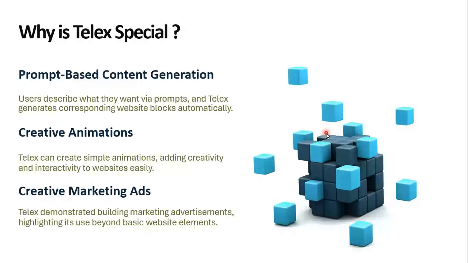These animations help bring creativity and interactivity to your pages without needing any coding skills or design skills. Also, you can create creative marketing advertisements. Telex AI can help create marketing advertisements as well. By using prompts, users can design advertisements in sections that showcase products or services.